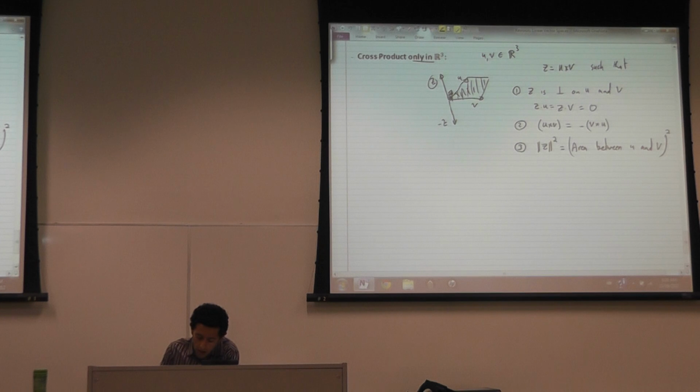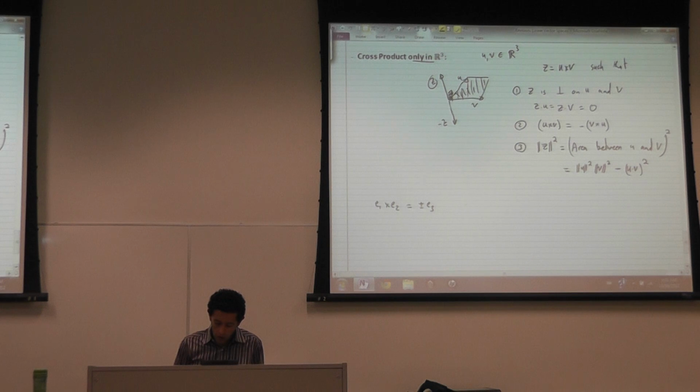And to find this area, you will find that this is equal to norm u squared, norm v squared minus u dot v squared. So this is what the cross product does, and knowing this, you'll find that E1 cross E2 has to be equal to positive or negative E3, and so on.